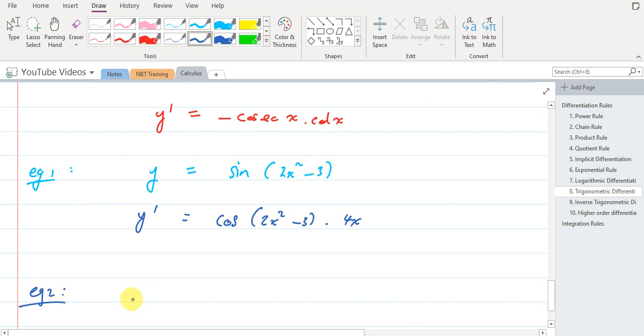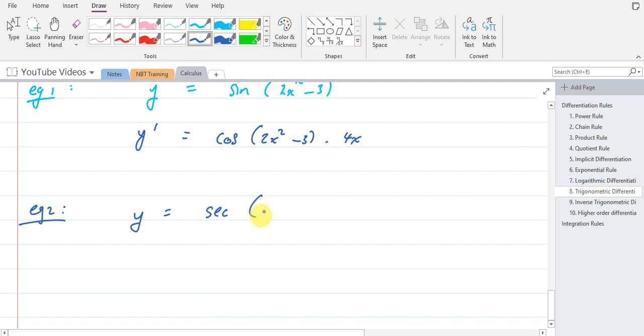Let's say y is equal to sec of e to the power 5x. Let's make it a bit complicated. So y prime: if I want to differentiate sec, I get sec x tan x, but you can't say sec x now because that's your argument, e to the power 5x.